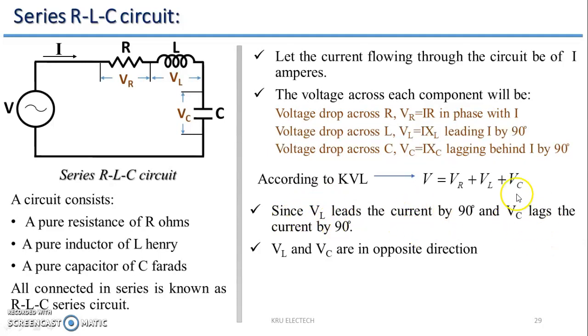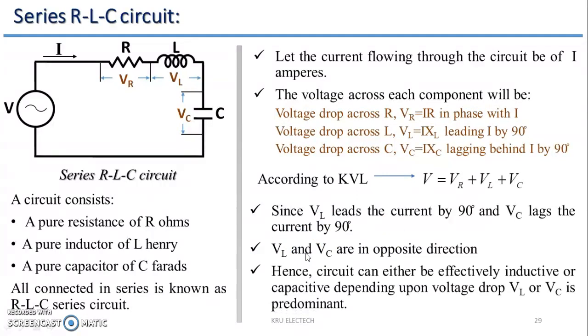Same as, VC lags the current by 90 degrees, because for the capacitive circuit the current is leading, so the voltage is lagging. So VC and VL are in opposite directions. Hence the circuit can be either effectively inductive or capacitive, depending upon the voltage drops VC and VL.